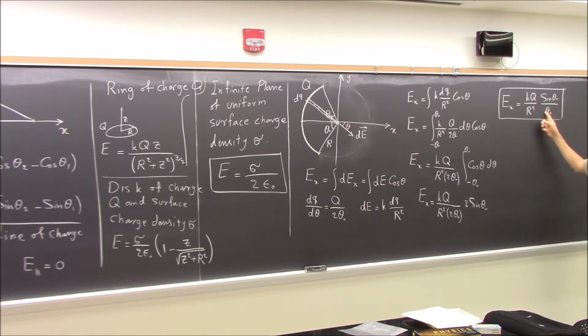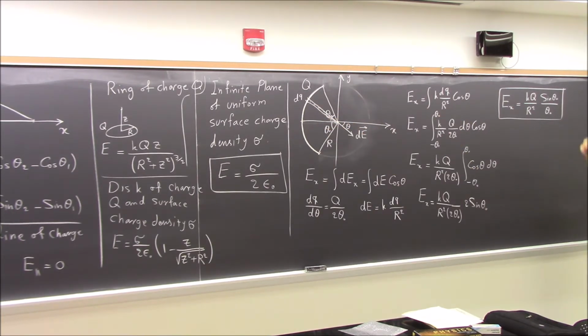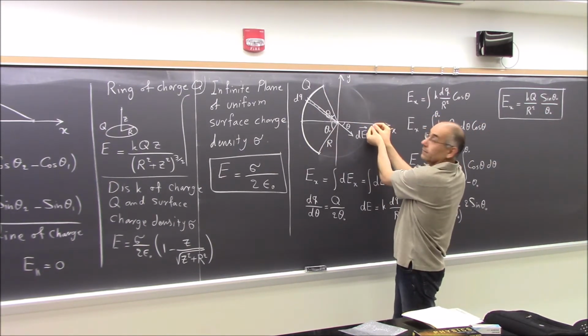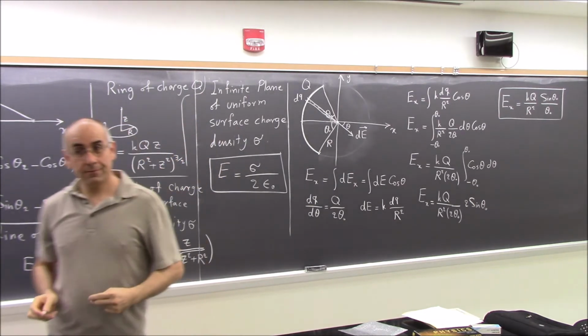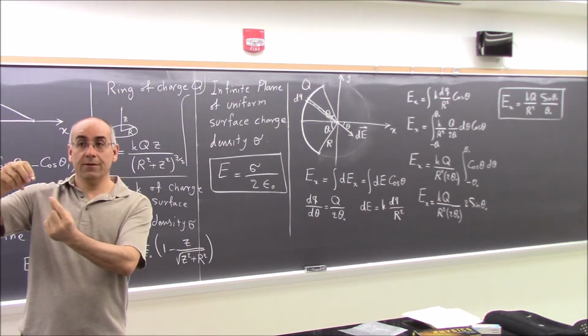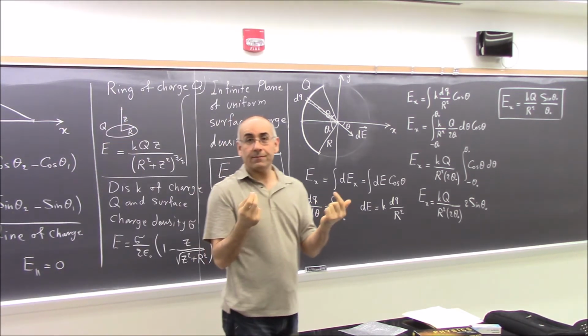And remember that theta naught is half of the arc. What will be the result for the complete circle? What is theta naught in that case? Theta naught is half of the arc, right? How much is that for a complete circle?